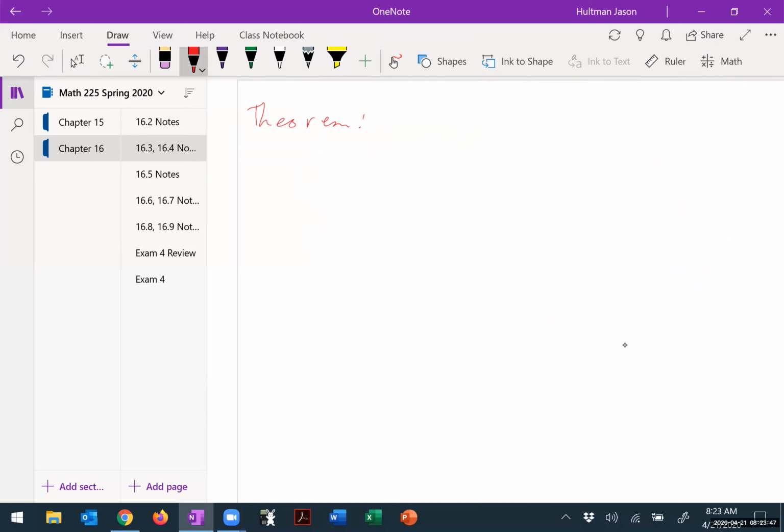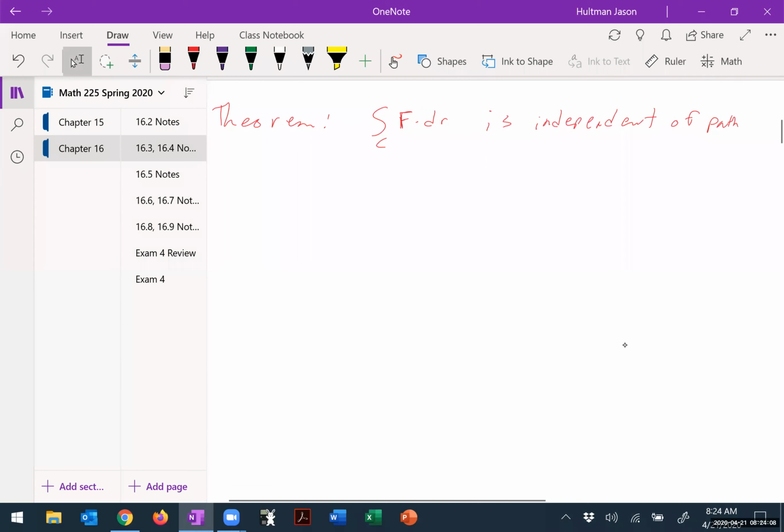The line integral of F dot dr over C is what we call independent of path if and only if our independent path in D, that's our domain D, if and only if the line integral over C of F dot dr is equal to 0.